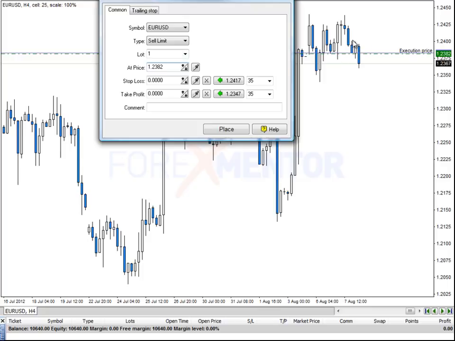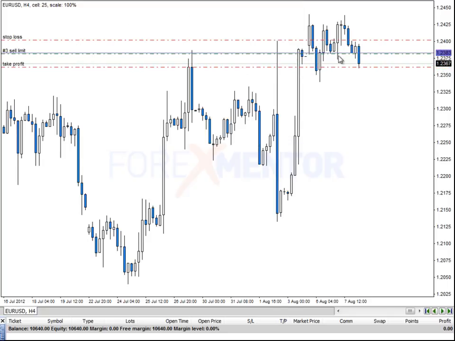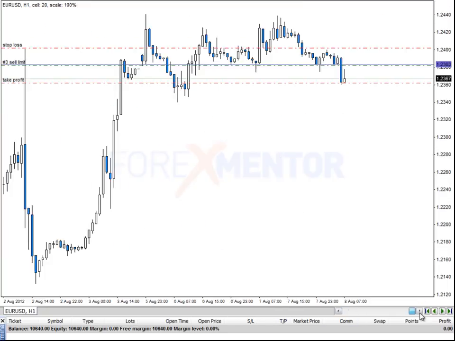Stop loss just above here, just above this bullish candle, so 20 pips, and you can shoot for 20 pips. So place that in there, and let's go to the hourly chart and show you what that looks like.